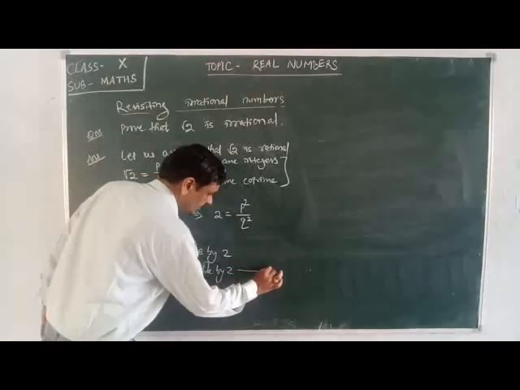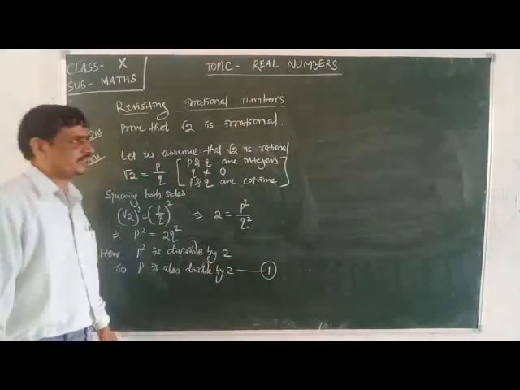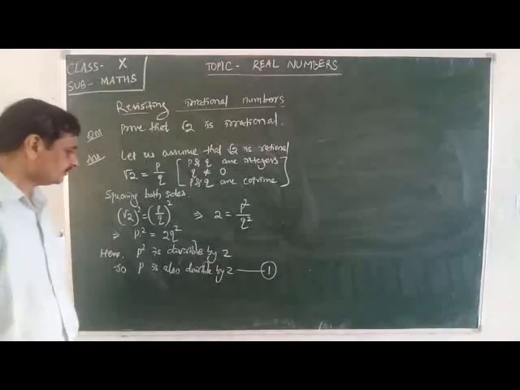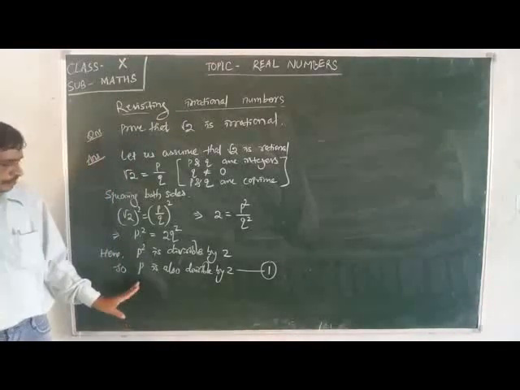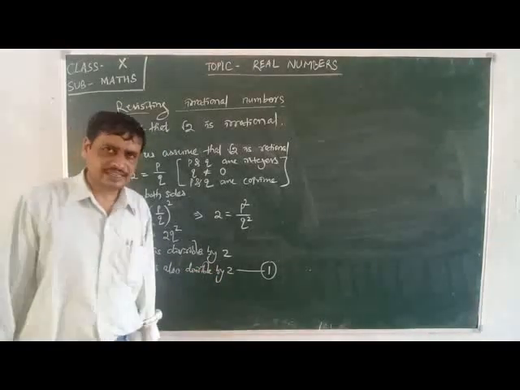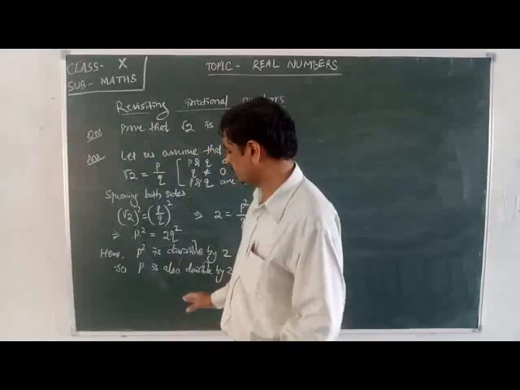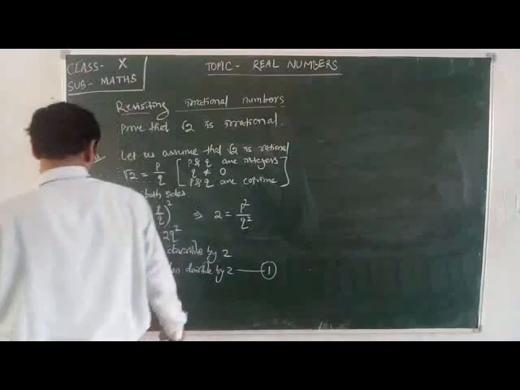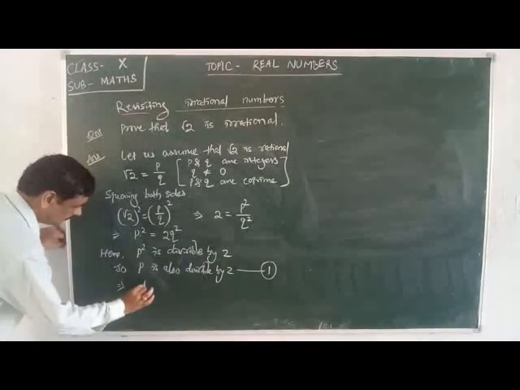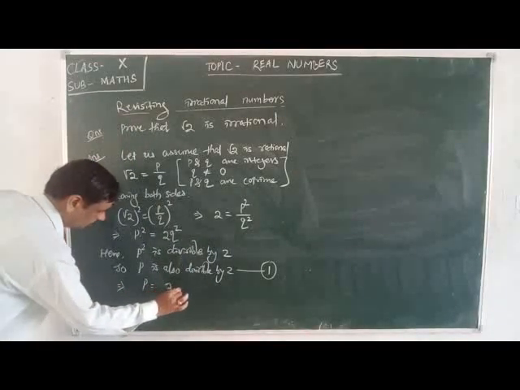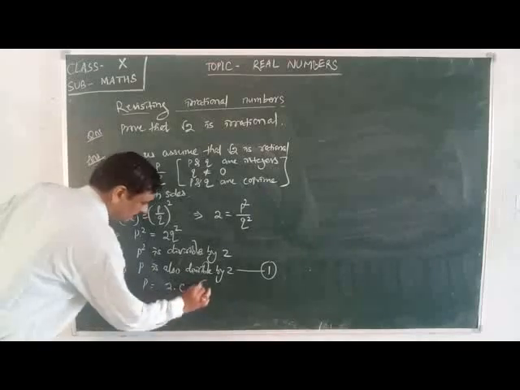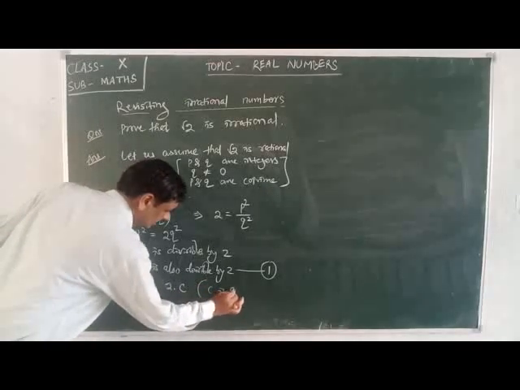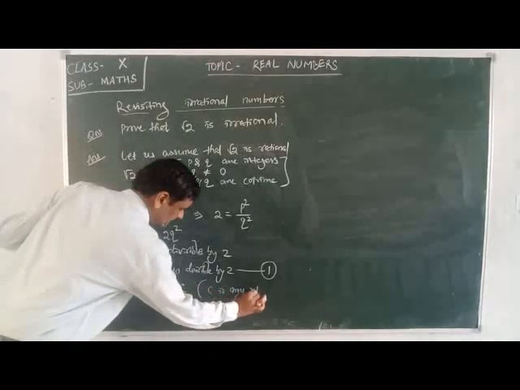Take this statement as equation 1. Since p is divisible by 2, the value of p must equal 2 into some integer. This implies p is equal to 2 into c, where c is any integer.